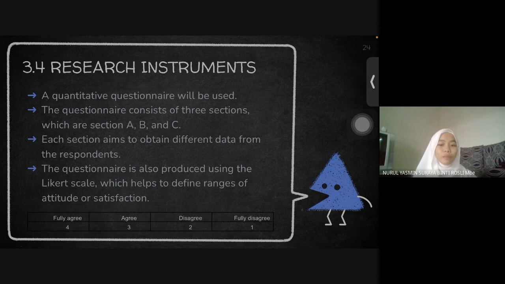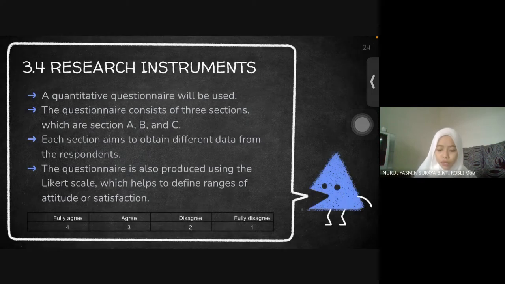And the questionnaire consists of three sections, which are sections A, B, and C, in which each of the respective sections aims to collect different data from the respondents. And the questionnaire is also produced using the Likert scale, which helps to define the range of attitude or satisfaction from the respondents. And the researcher has adapted and adopted the questionnaire from various sources related to the survey research.